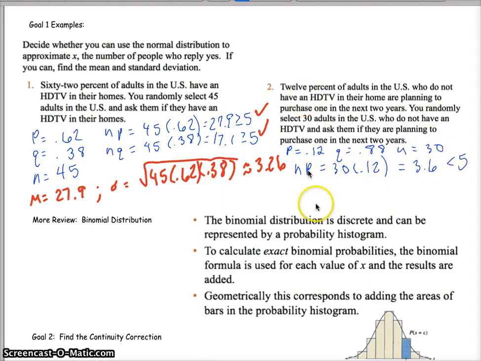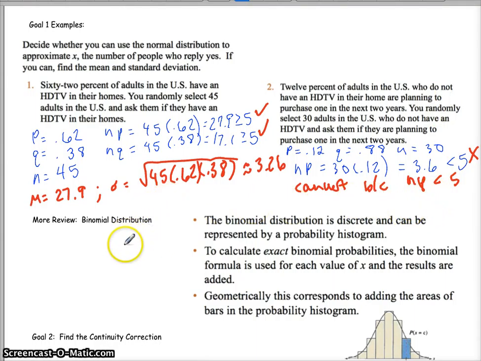So we cannot use the normal distribution to calculate this mean and standard deviation, because the product was less than 5. So we'd have to use other means to calculate the mean and standard deviation.